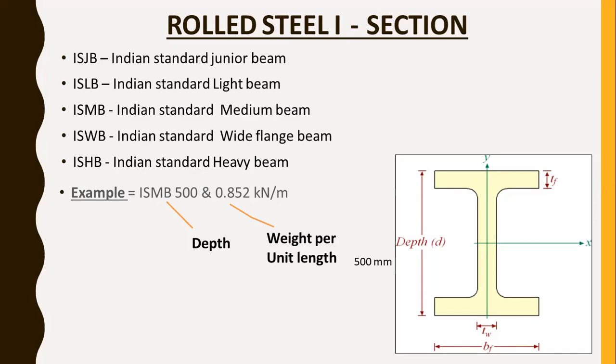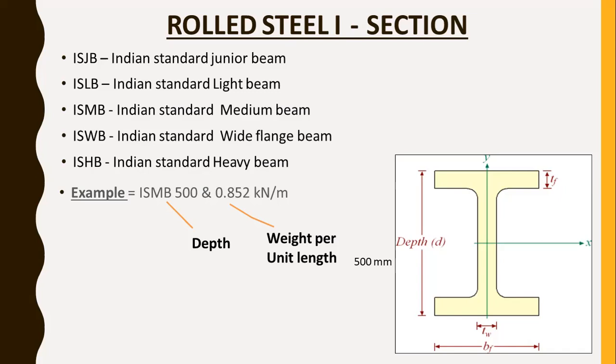Then ISLB means Indian Standard Light Beam, ISMB means Indian Standard Medium Beam, ISWB means Indian Standard Wide Flange Beam, and the last one is ISHB, which is Indian Standard Heavy Beam. So this I section depends on the beam, right? Which is junior, light, medium, wide flange, or heavy beam.